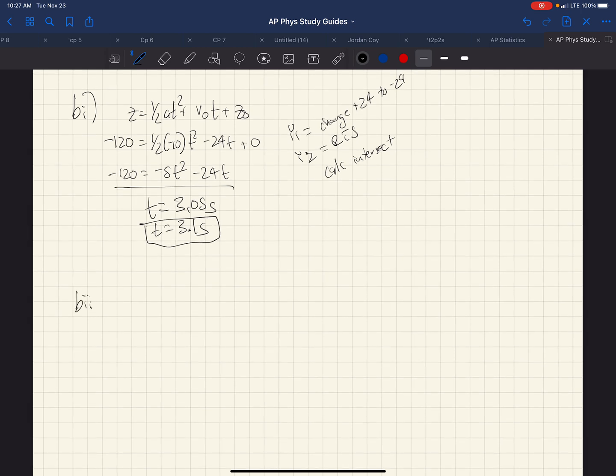Well, we can do v equals at plus v0. We want to know the impact velocity when the acceleration is minus 10 after 3.05 seconds when the initial velocity is minus 24. So that's minus 30.5 minus 24, which is minus 54.5 meters per second, which to two significant digits is minus 55 meters per second.